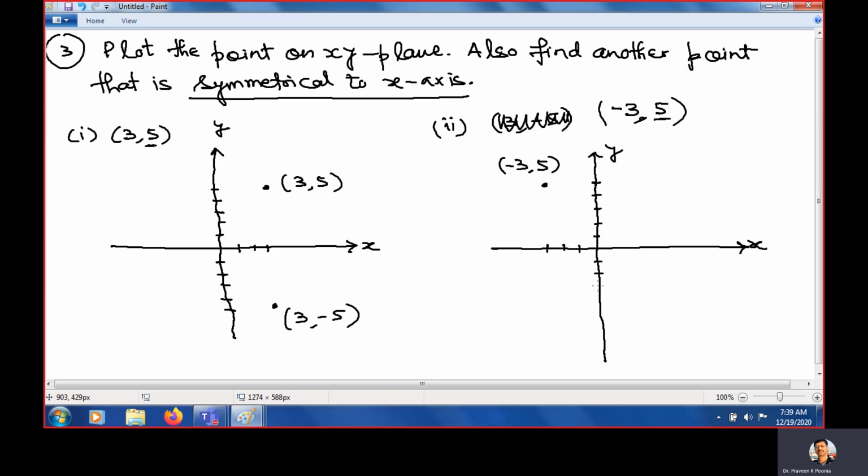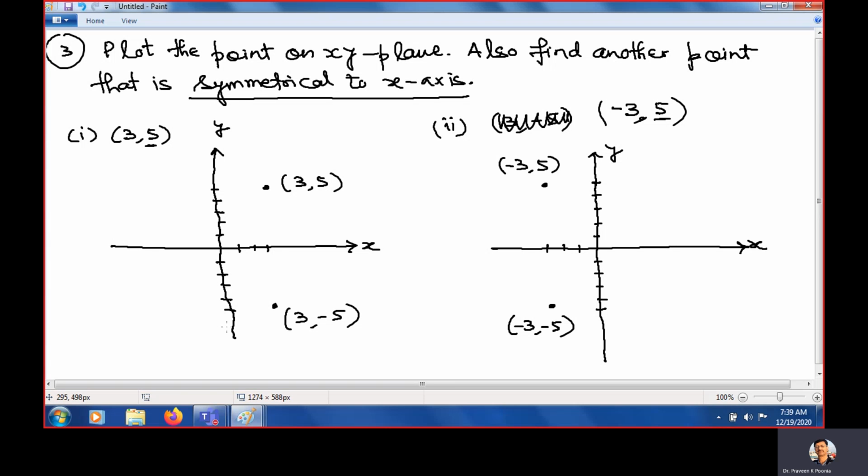So 1, 2, 3, 4, 5. We are not changing x, we are changing only y. So (-3, -5) is the symmetrical point with respect to the x-axis. So there are two things. If you want to plot, x positive means move to this side, negative means move to the negative side. Y positive, up.